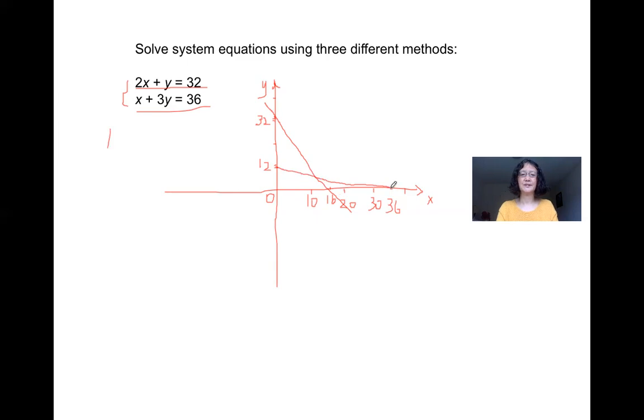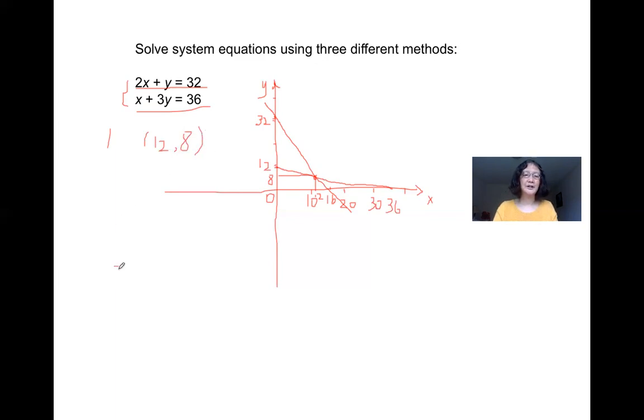And the intersection, if you use the grid line, you can see this point. So you get x equal to 12, y equal to 8. So this is the graphing method. You get 12 and 8.